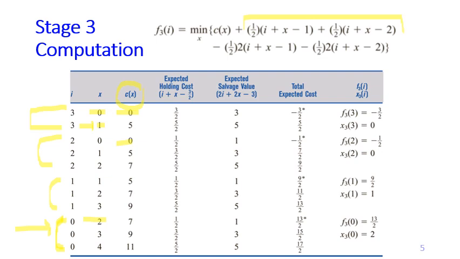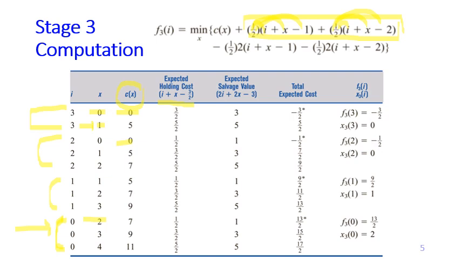If you just multiply this and add them together, you will get this value, right? I mean, half times I plus half times x minus half, plus half times I plus half times x minus half times 2, you will get I plus x minus 3 over 2. So that is just the simplified form of these two terms.